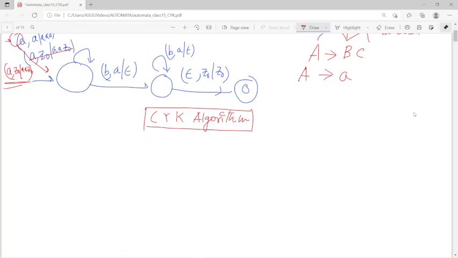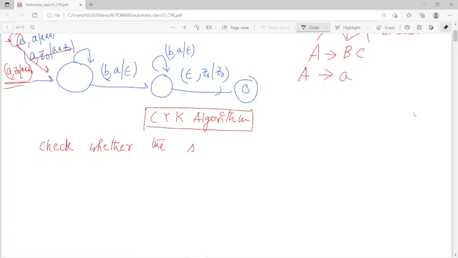That means a grammar is given, and this particular string is a valid string or not.